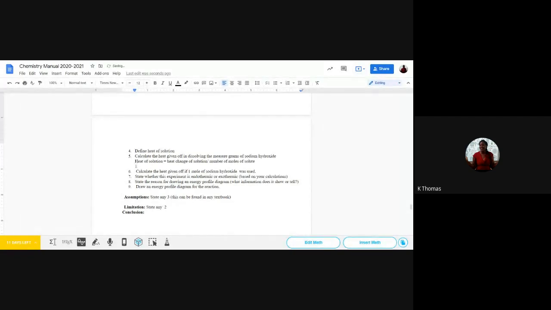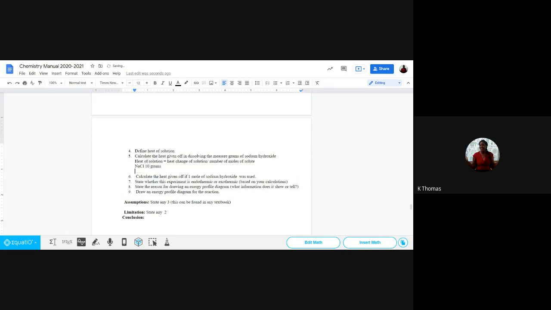I have 10 grams of sodium chloride, NaCl. And I need the RMM, which is the molar mass of the sodium chloride. That's going to give me 1 times 23 plus 1 times 35.5.